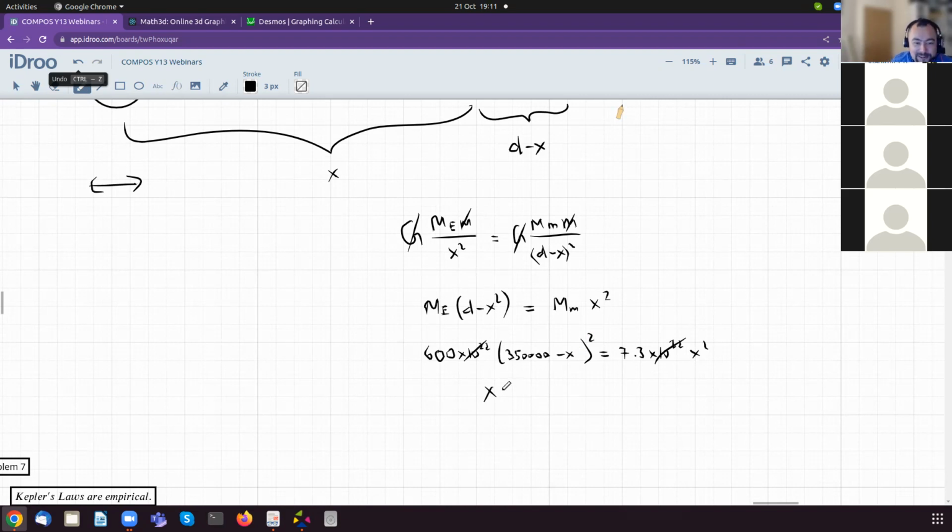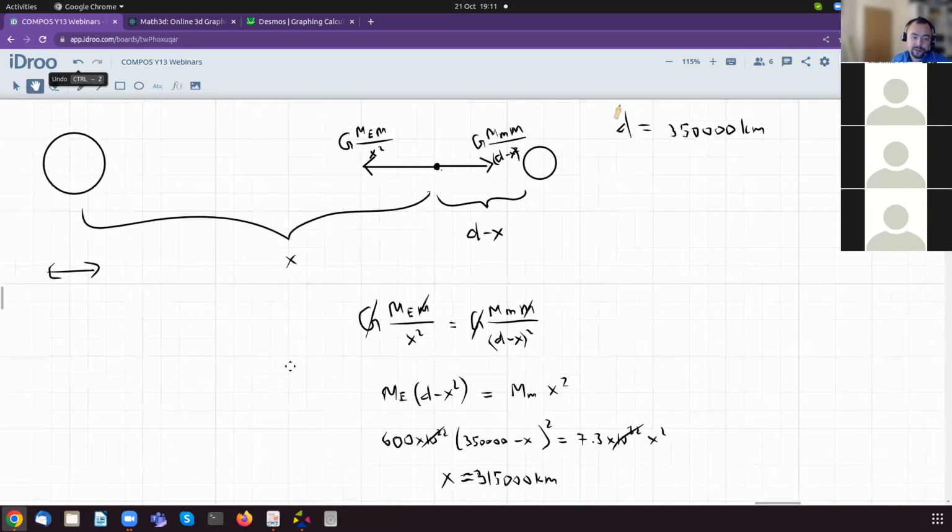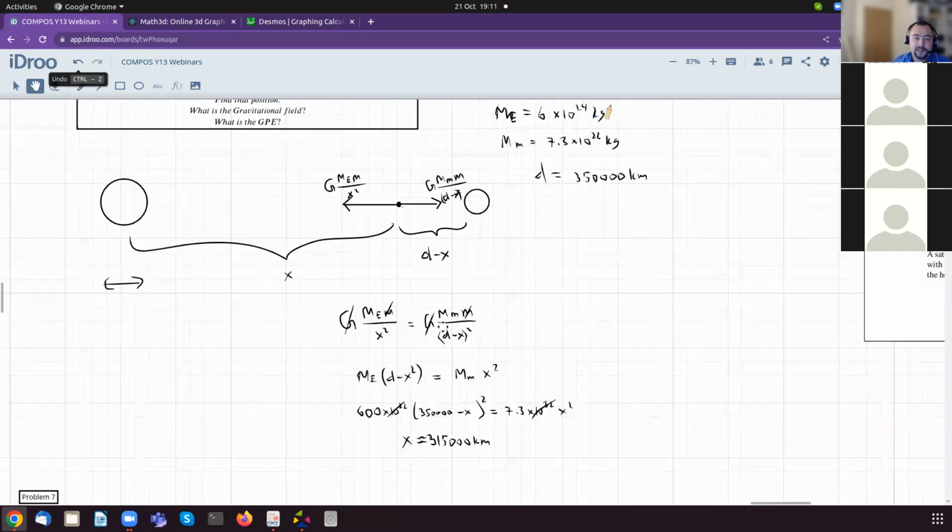The solution is x is approximately 315,000 kilometers, which is quite interesting. 350,000 is the whole distance, so 315,000 is about 90% of the way.